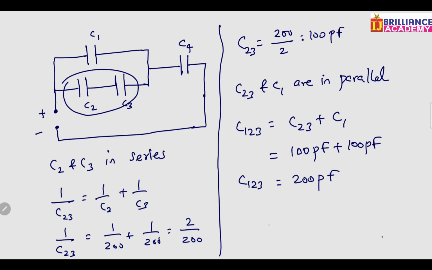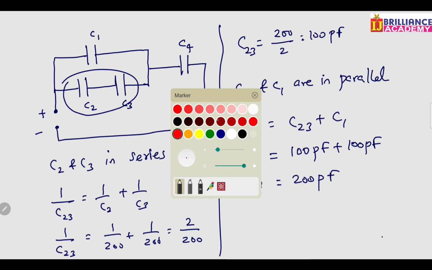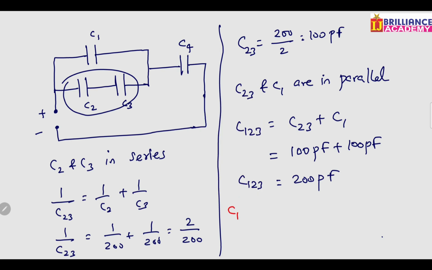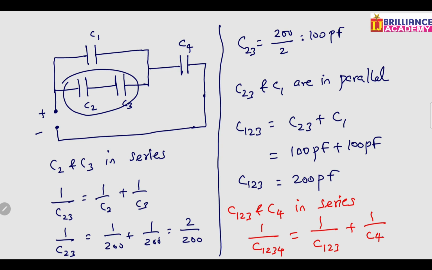Now C123 and C4 are in series. So 1 by C1234 is equal to 1 by C123 plus 1 by C4.